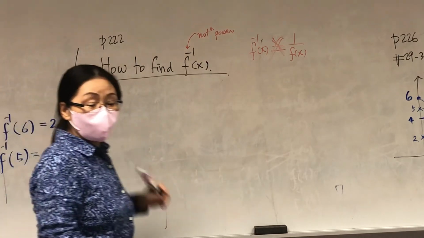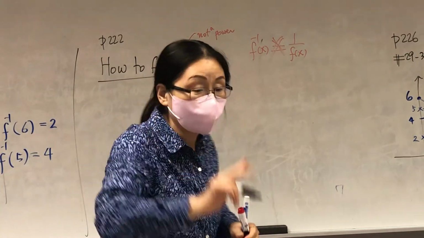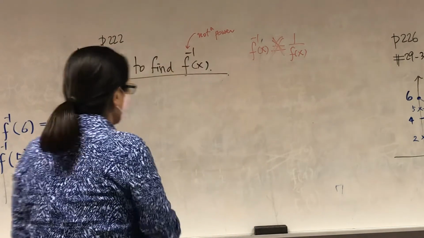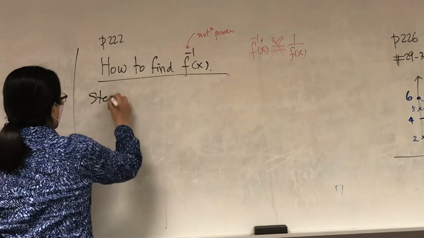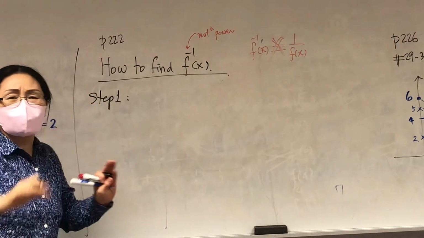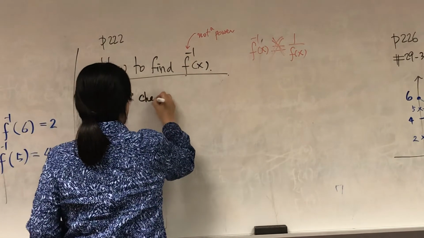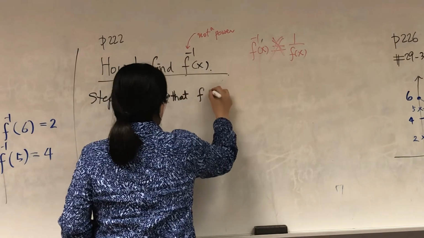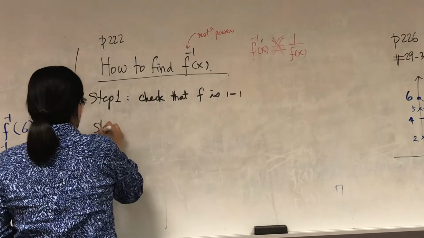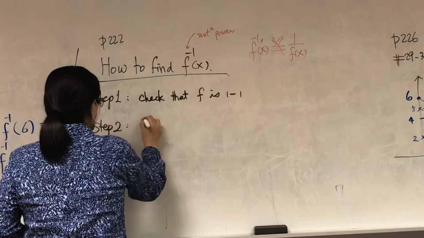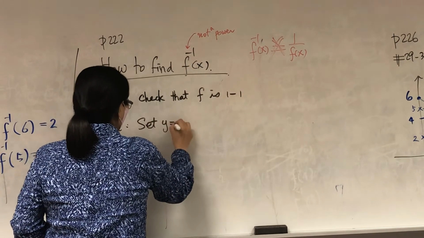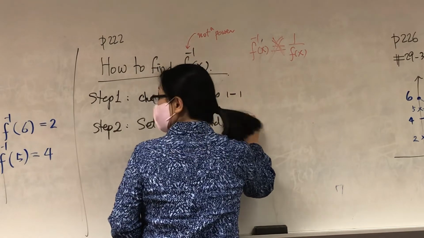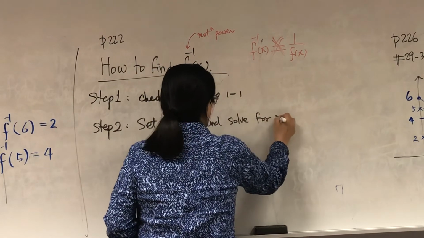Anyway, how to find it? In page 222, if you read this, you have 3 steps at the bottom. Step 1: check that f is 1 to 1. Step 2: set y equal f of x and solve for x.